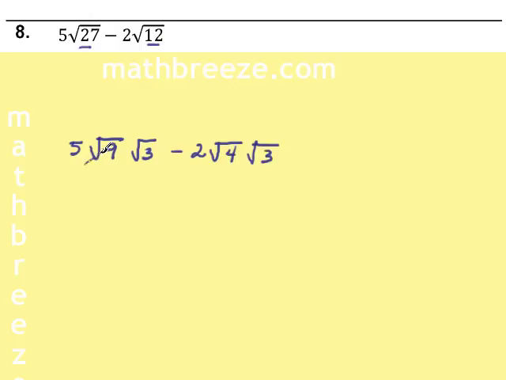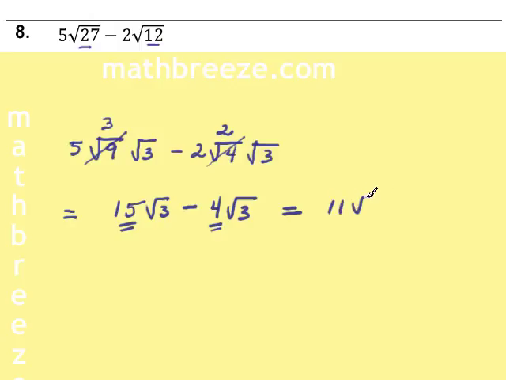All right, let's take the square root here and the square root here. Multiply 5 times 3, we have 15 square root 3, minus 2 times 2, minus 4 square root 3. And now we have like radicals, so we're ready to subtract the coefficients, and we have 11 square root 3.